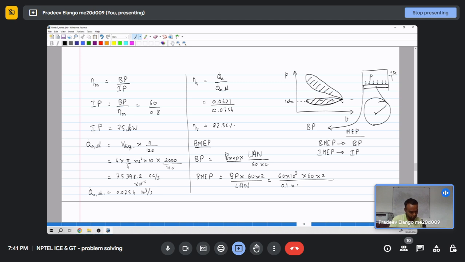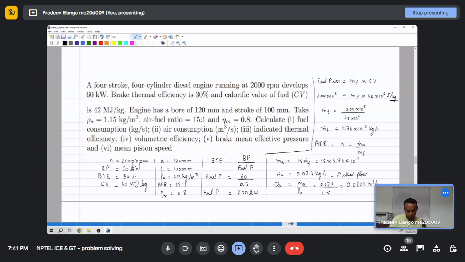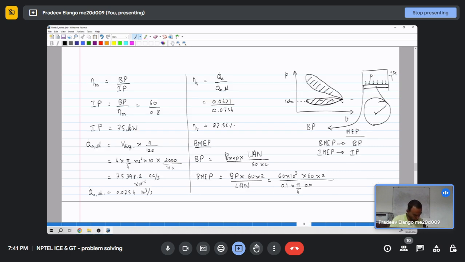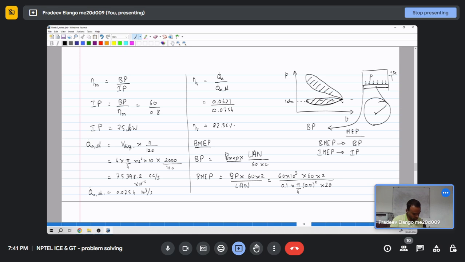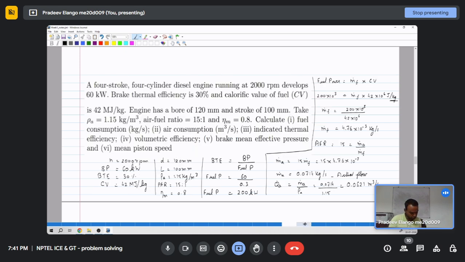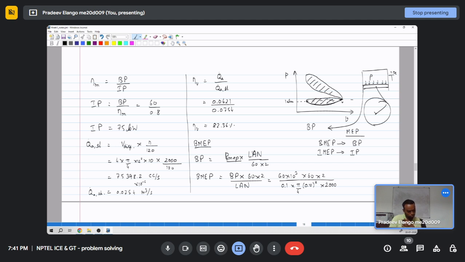Similarly, area is pi by 4 into bore squared, so bore is 0.12 squared, into N, the speed of the engine, is 2000 rpm, and we have how many cylinders? 4 cylinders. So we will have L and A into the number of cylinders.